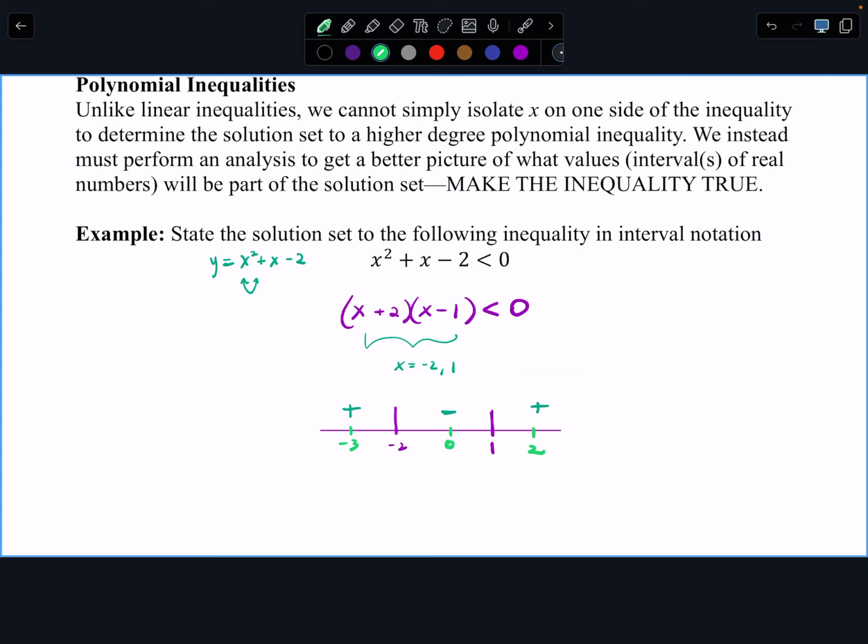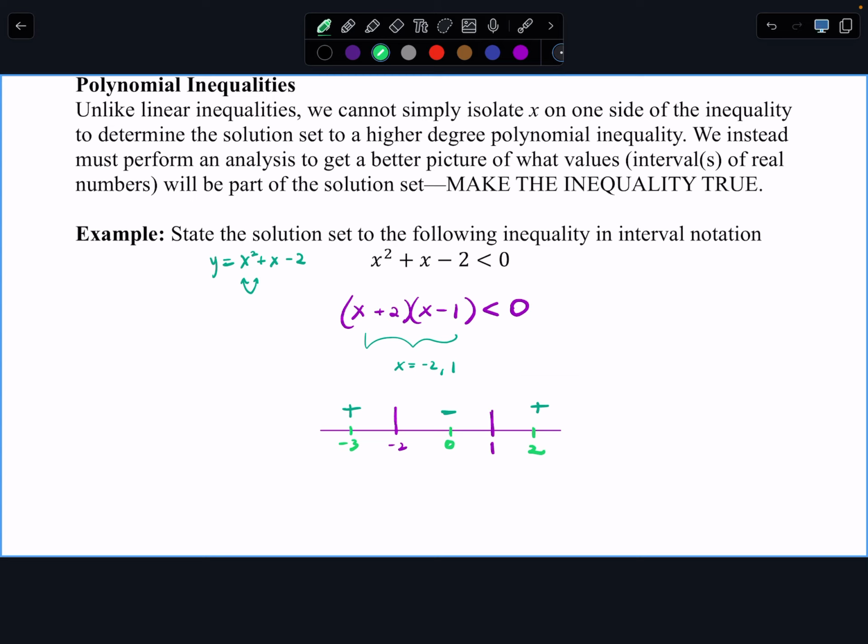If you plug in -3, that's a negative times a negative, which is a positive. If we plug in 0, we have a positive times a negative, which is a negative. If we plug in 2, we have a positive times a positive, which is a positive number. Okay?